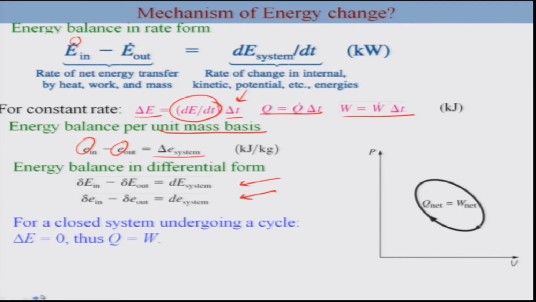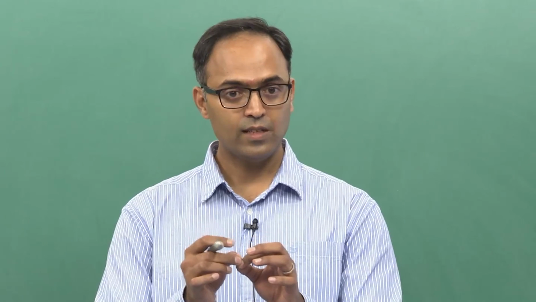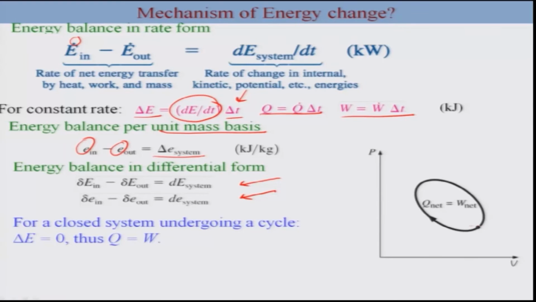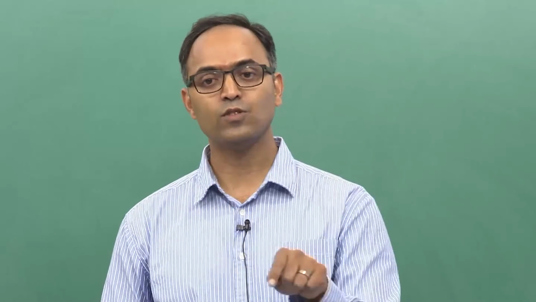When you undergo a process which is closed as well as cyclic, which essentially means doing a process for a closed system such that you come back again to the same state. In such a case, you know that energy is a property, which is a point function. So delta E of the system should be 0 because it's coming back to the same state.